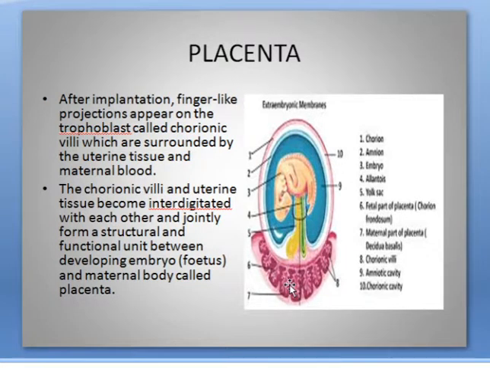So a connection is established between the mother tissue and the embryonic tissue, and this connection is called the placenta. This tissue is formed by the tissue of the fetus and the tissue of the mother.